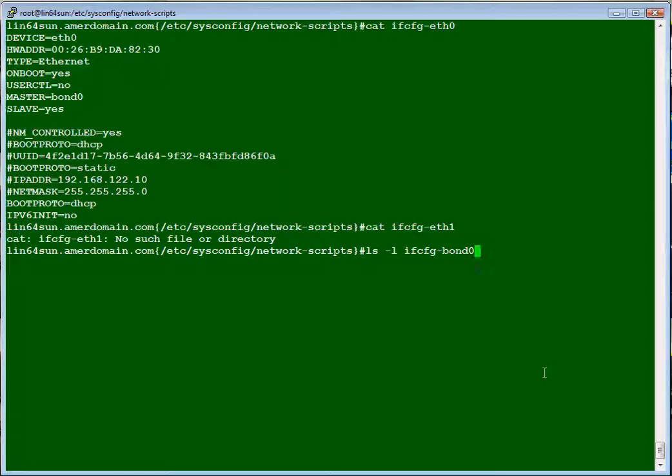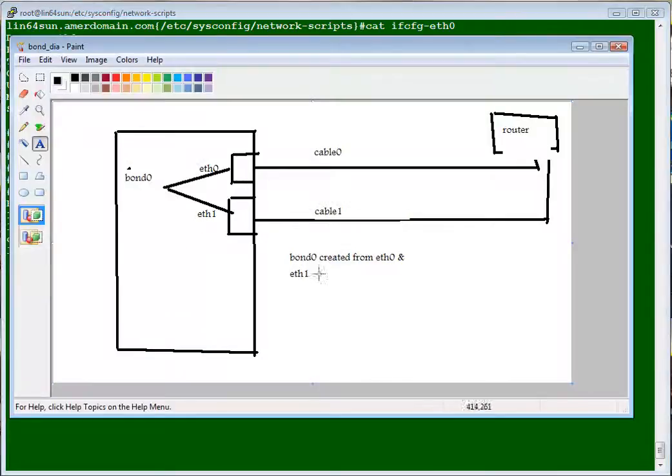Why only 2? Because if something goes wrong on the first card, we still have another card and its cable. That means they are backup to each other. Like eth0 is active.